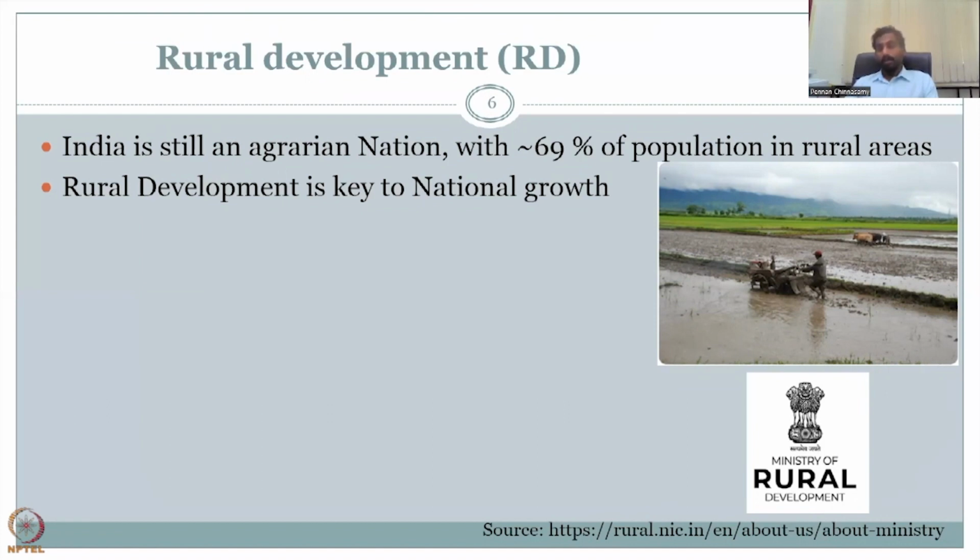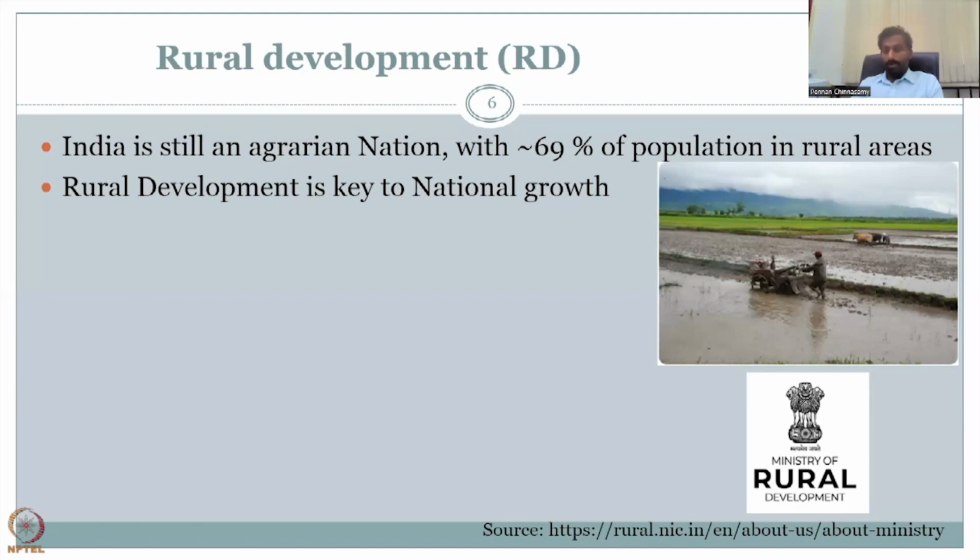In fact, a lot of farmers are still below the poverty line. So this course, when we speak about rural development, focuses on this population of farmers that are mostly below the poverty line and or just above the poverty line. And we would like to find avenues which can help them for rural development.